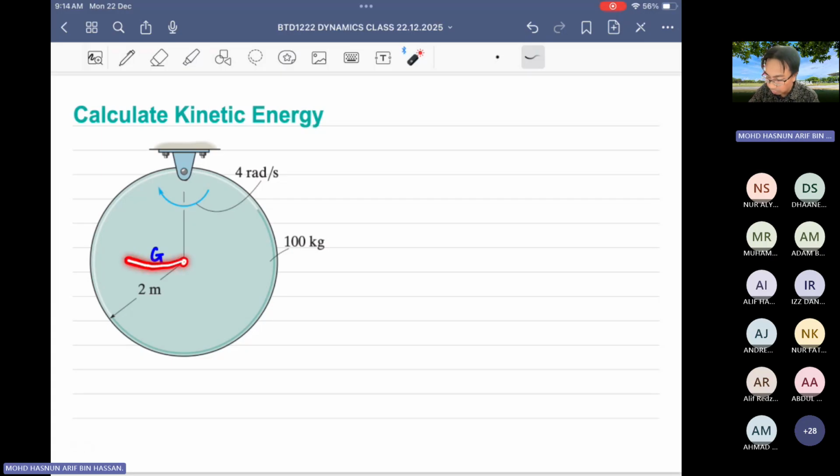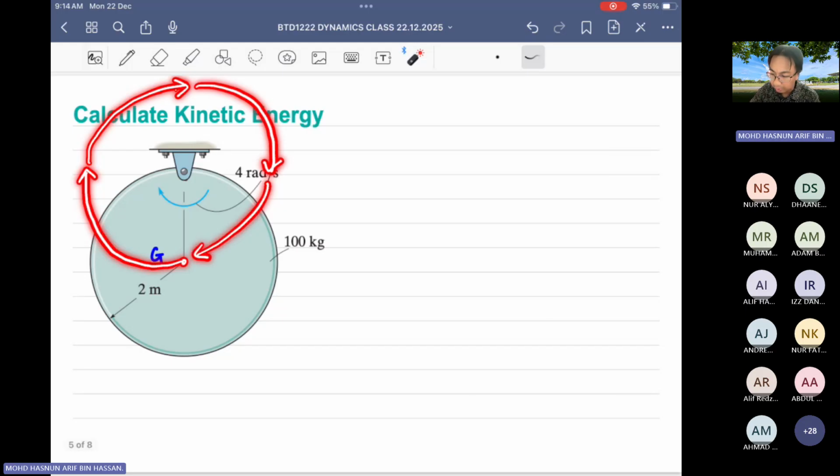It will go here, and then up here around the fixed point, and then come back here. So it will make a circle. Point G is traveling from here, going to here, going to here. If you can imagine, this is the path of point G.